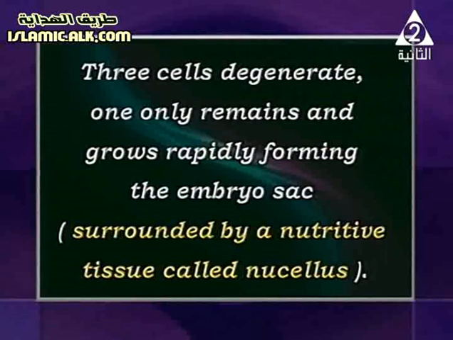They have no function right now except one, and this one enlarges, grows rapidly, and forms the main female gamete. So 3 of them degenerate and only 1 remains and grows rapidly, forming the embryo sac.